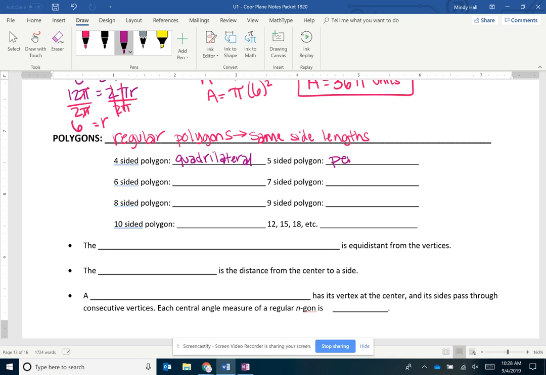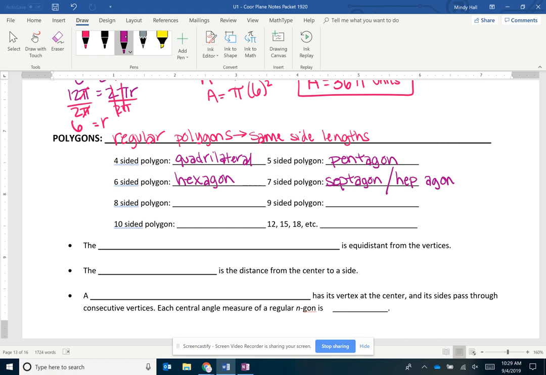5-sided is a pentagon. 6-sided is a hexagon. 7-sided is a septagon or a heptagon. One's Latin, one's Greek.